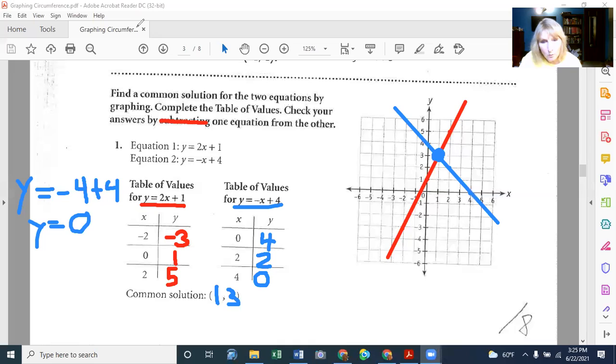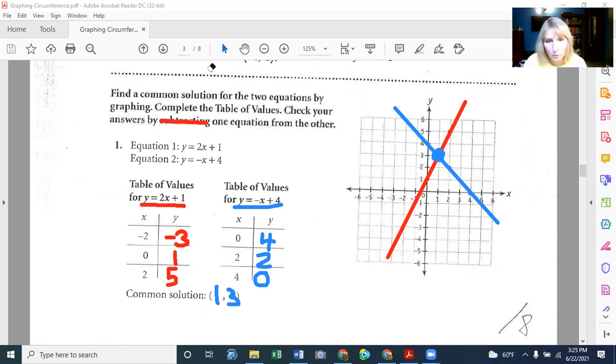What does that mean? Well, that means that I can plug in 1 and 3 in both equations and get a true statement. So let's prove it to ourselves that that is true. So on the first equation, I have y equals 2x plus 1. So y is now 3. 3 is equal to 2 times x, our common solution, is 1, plus 1.